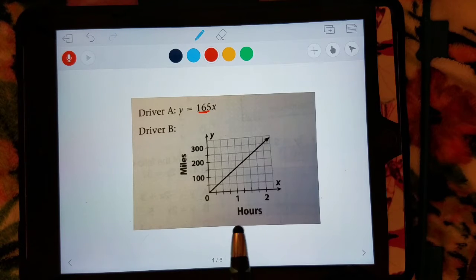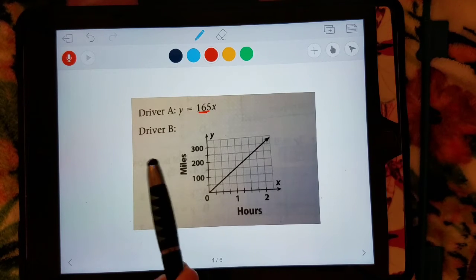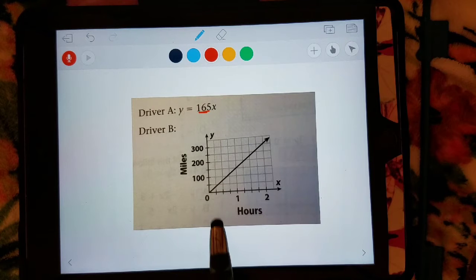Okay, let's look at driver B. One way to find out what the constant of proportionality is, or the slope, is to do the slope formula, which you would put 2 points on the graph and use our slope formula. So let's do that, and then we're going to talk about another way of finding out what the slope is.